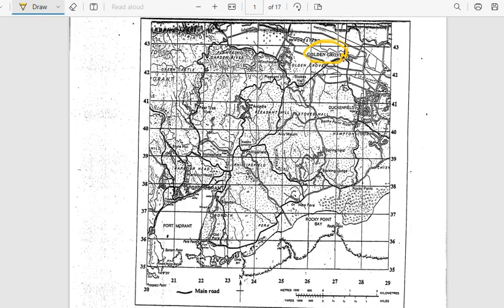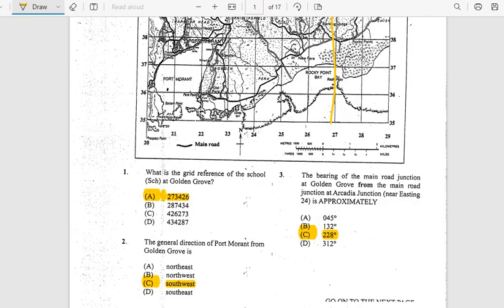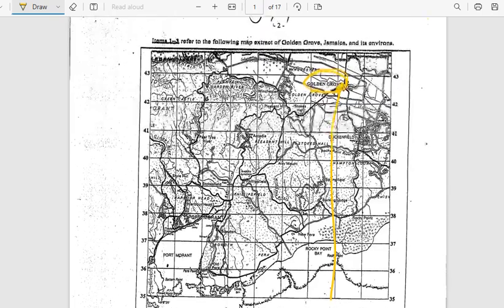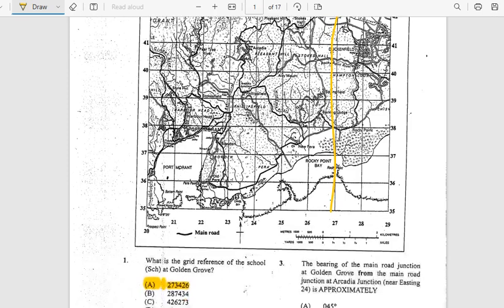If we look into this, for Golden Grove we have 27. Let me see if we can read this. 2734.